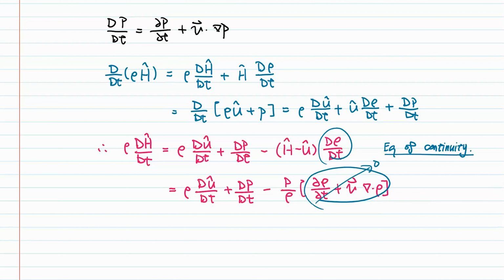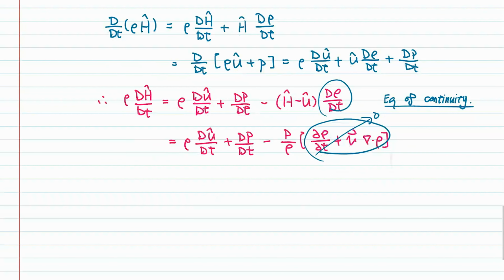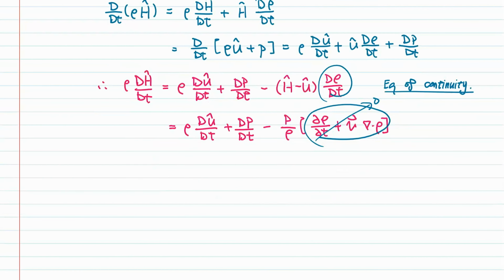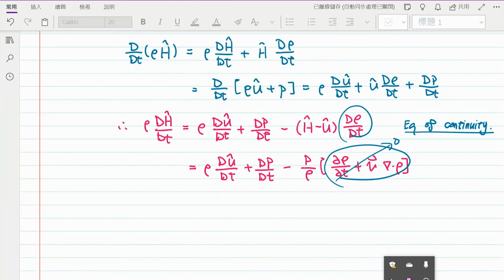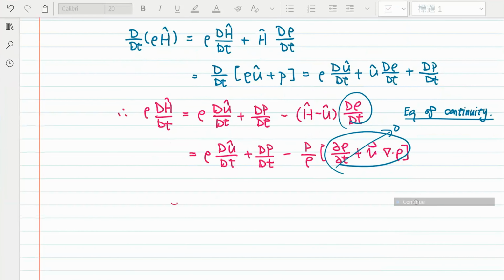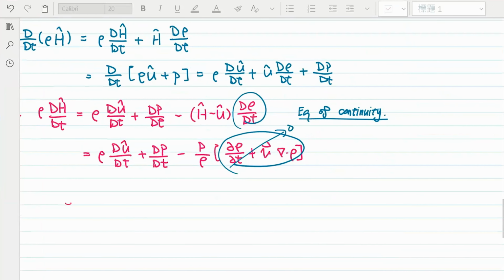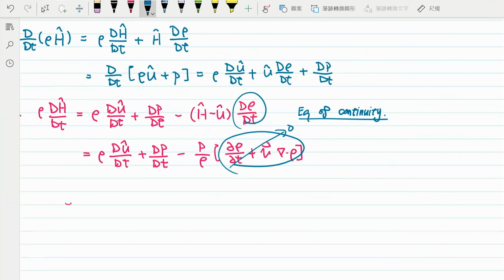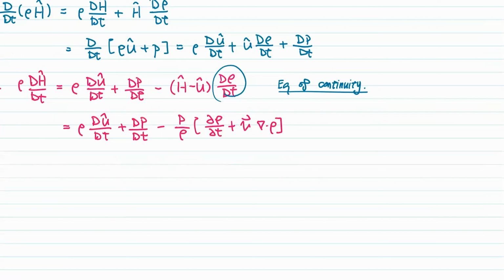Okay, so if we keep on deriving this, I made a small mistake again, so we need to be very careful here. Let's rewrite this. Up to this point, we're all correct, but if you look at the equation of continuity, it states partial rho partial t plus the gradient of rho v equals 0.